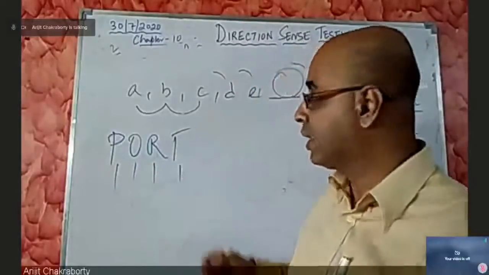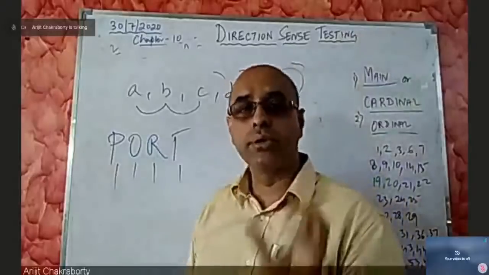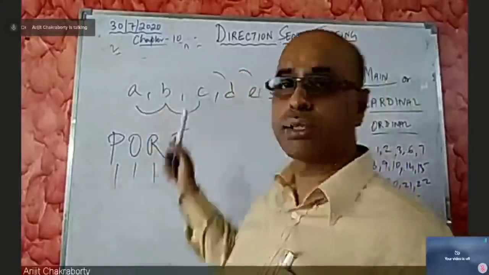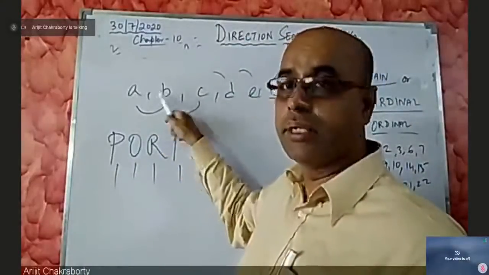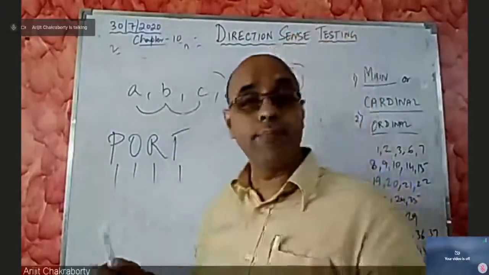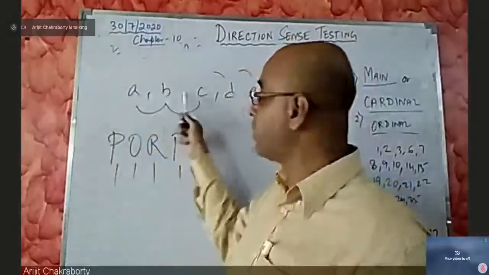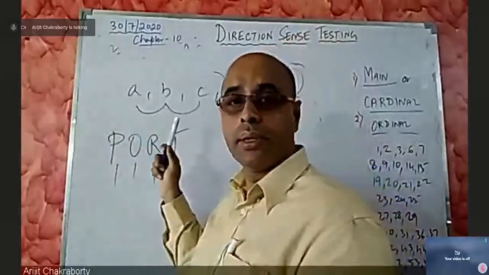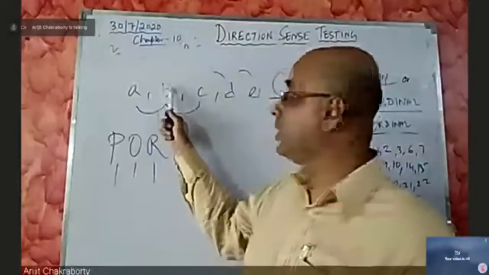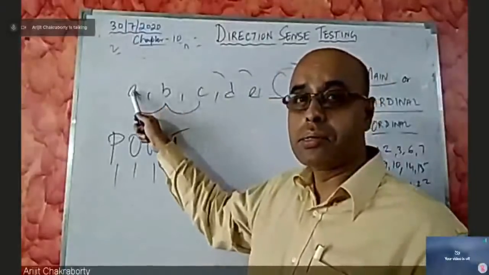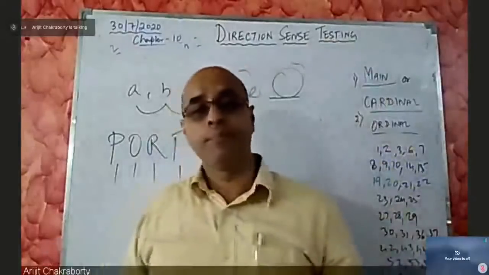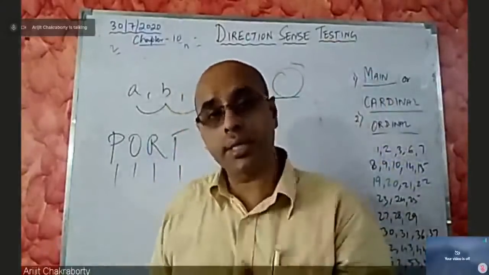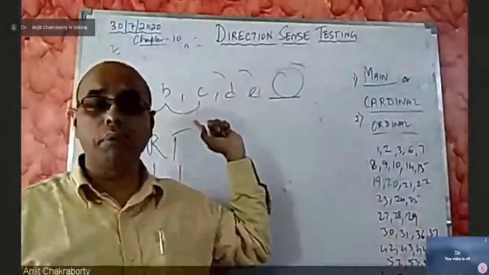So once you arrive at a relation, say for example it is a GP, A into 2 is B, B into 2 is C, like this. It can be an AP, maybe A plus 3 is B, B plus 3 is C. It can be a cube, maybe B is the cube of A. Whatever relation you identify, Navneet, make sure that it holds consistent for all the numbers or all the alphabets.